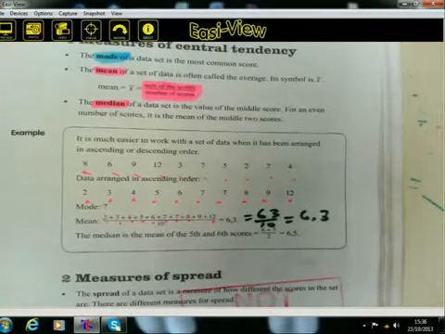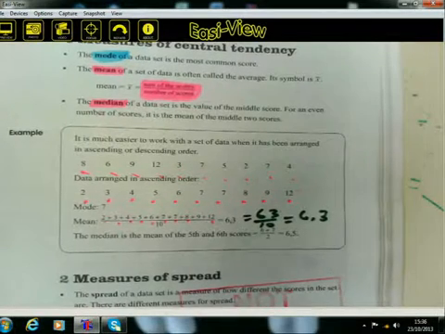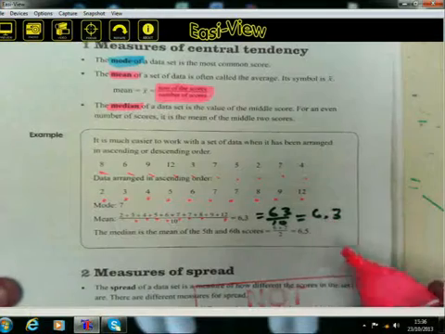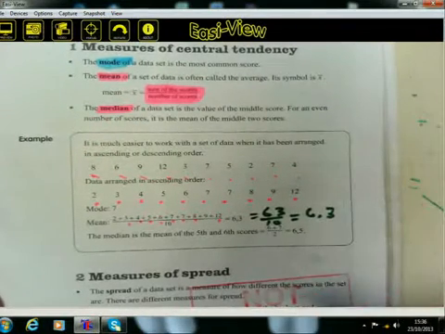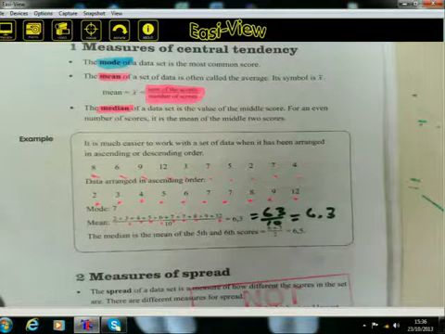Now let's go to the third one, which is the last of our central tendency measures. The third one we talk about is the median. The median, remember, is the center one, the one which is in the middle.